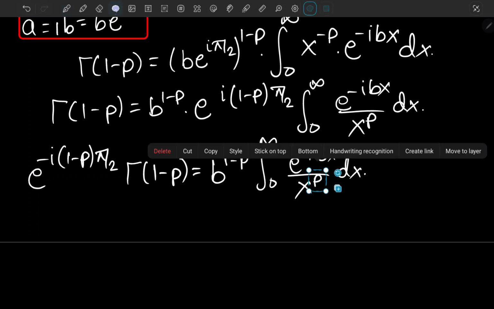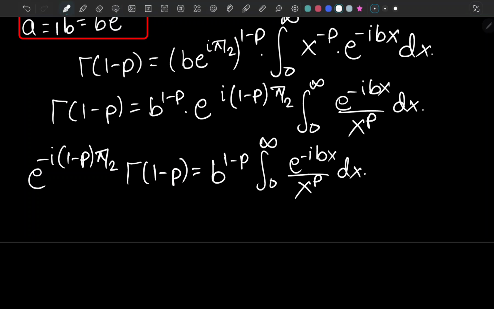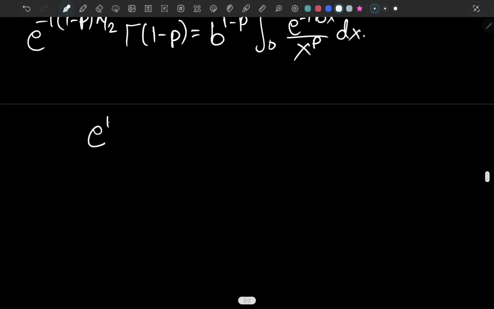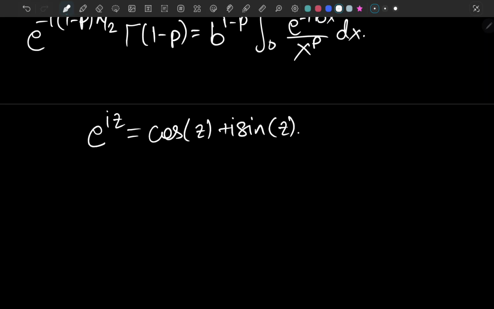So this is what we have so far. Now let me remind you that we know that e to the iz is cosine of z plus i sine z, and I have proved this.